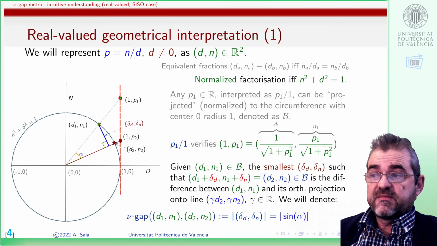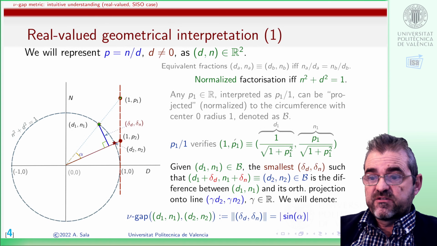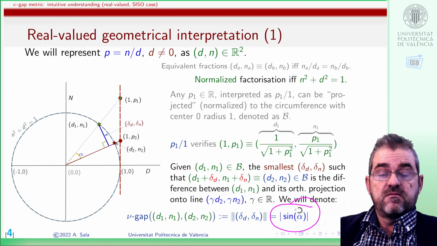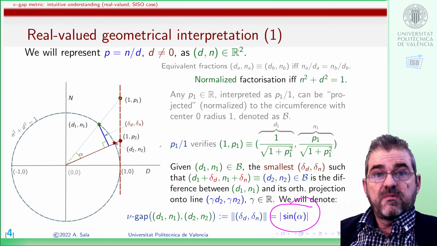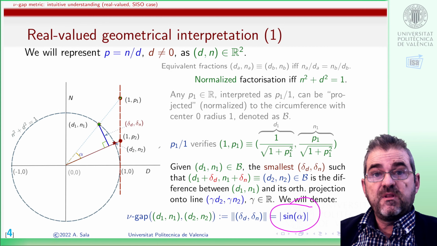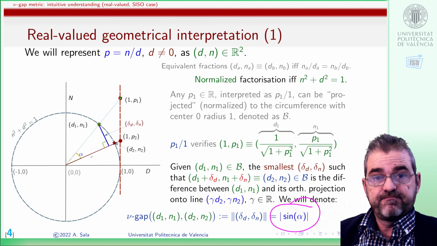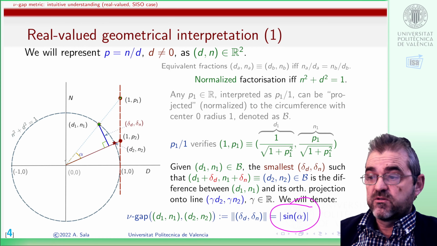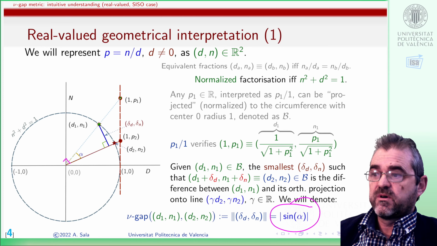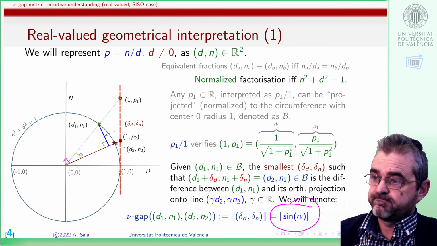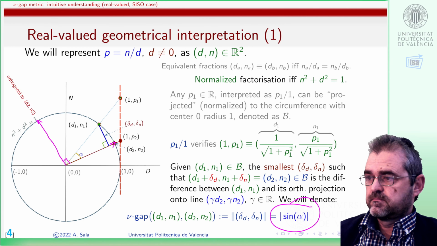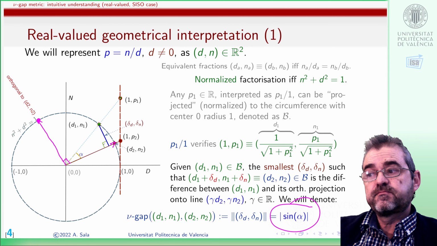The problem is that we need to obtain an expression for the sine of this angle, but the sine of an angle is the cosine of the complementary angle, the cosine of 90 degrees minus alpha. So we need to think of a perpendicular vector to the red line, this one.